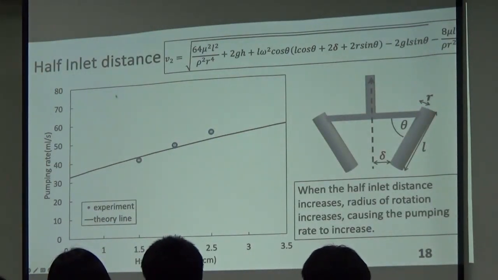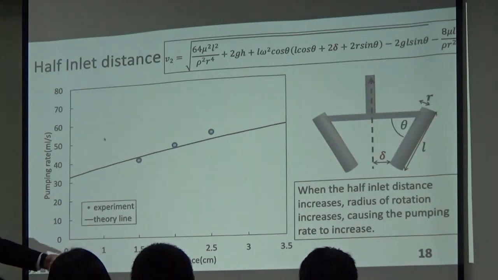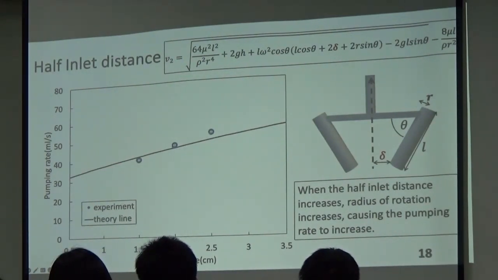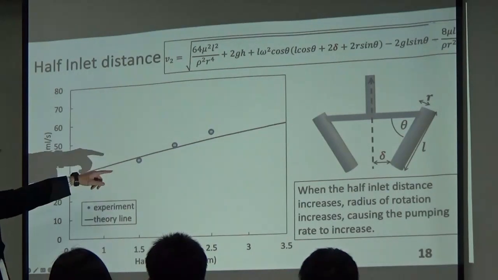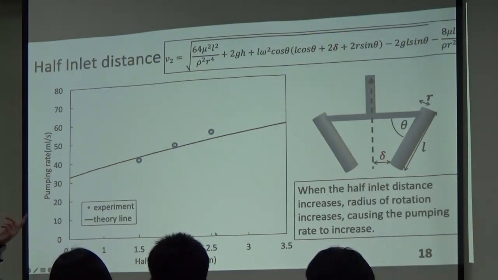And in this chart, the x-axis is the half-fin distance, and the y-axis is the pumping rate. And when the half-fin distance increases, since the radius of the rotation increases, it will cause the velocity of the water flowing out to increase, and the pumping rate will thus increase. And here's the theory line. You can see that our experiment data fits our theory line very well.